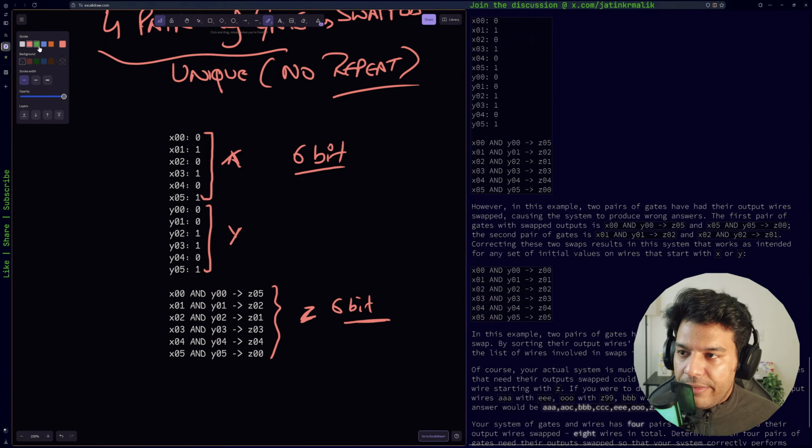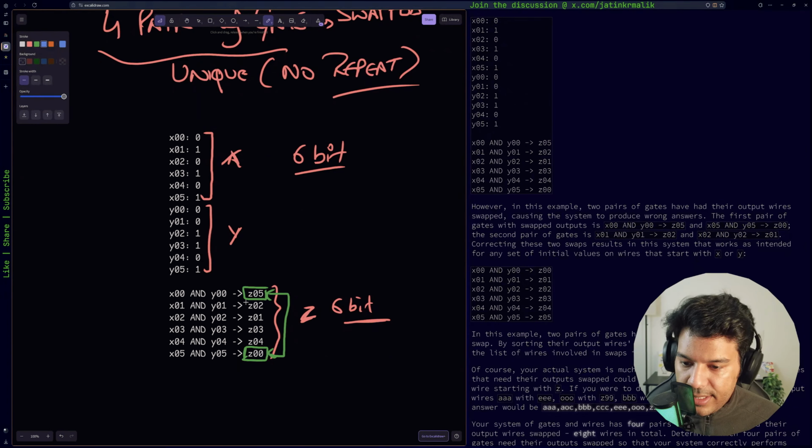So if I choose a different color, we can see that x00 and y00 is giving us a value of z05, and similarly x05 and y05 is giving us a value of z00. So these gates have been swapped together. If I draw a line here, we can see that these have been swapped. And similarly, if I take this one, you can see that z02 and z01 have also been swapped together. So this gives us two pairs.